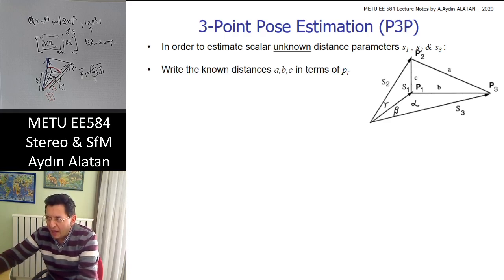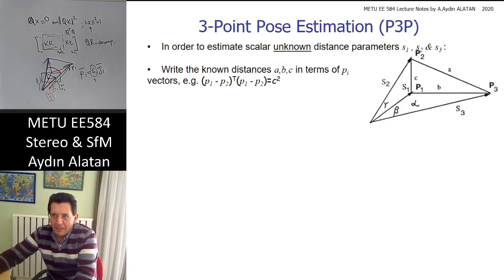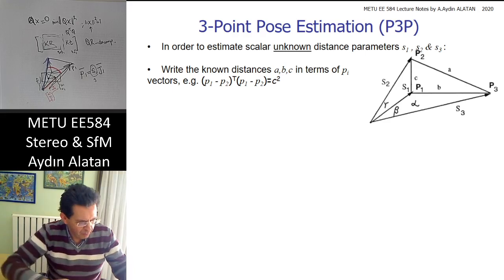Let's try to write the known A, B, C in terms of P1. The square of the magnitude, you can write as (P1 minus P2) transpose (P1 minus P2). That is equal to C squared.